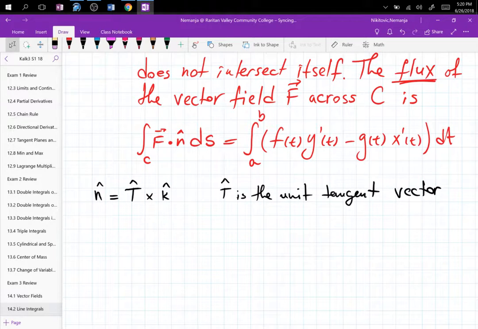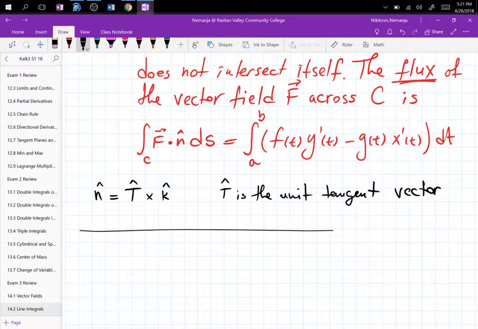Well, I'm going to use the same problems now. I want to calculate the flux for a radial field, and I want to calculate the flux for a rotational field. So let's go with the radial field.